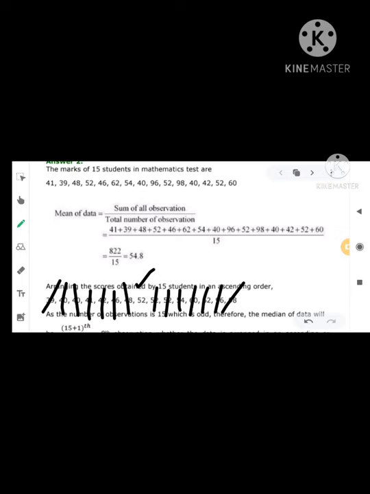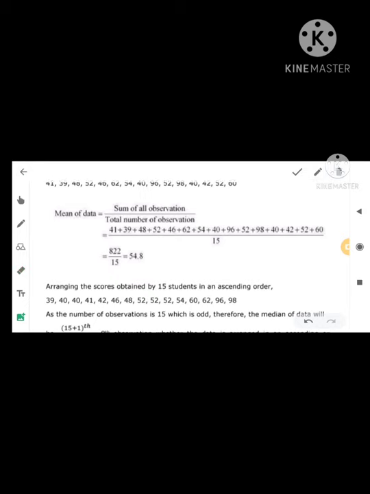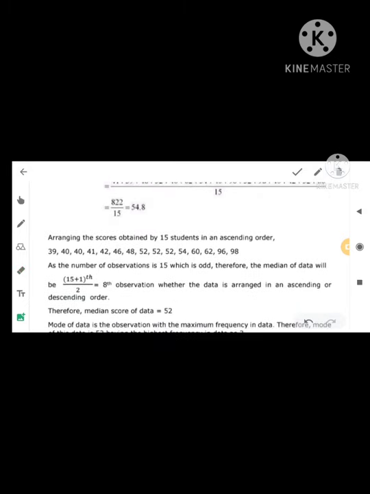If the count is even, you get two values and take the average to get the median. In a competitive examination you can use this cancellation method without adding and dividing everything. So the 8th observation, 15 plus 1 term, the median is 52.